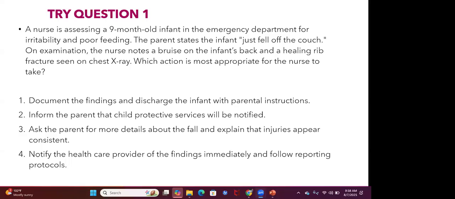A. Document the findings and discharge with parental instructions. B. Inform the parent that the protective service will be notified. C. Ask the parent for more details about the fall and explain the injuries appear consistent. D. Notify the healthcare provider of the findings immediately and follow reporting protocols. The answer is 4.